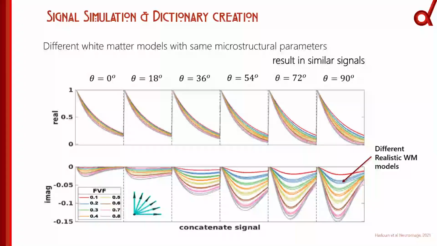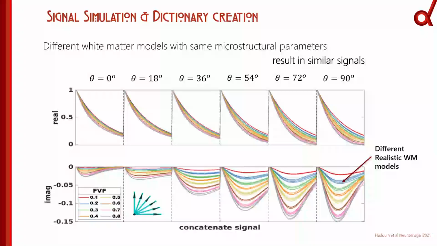So the MR signal will be very different depending on whether the fiber is running along the magnet, like the corticospinal tract when you're lying down, or the optic radiation, which is going to be always perpendicular. What is interesting here, and what I show with the same color, is that the MR signal depends heavily on the fiber volume fraction, which here has the different colors.